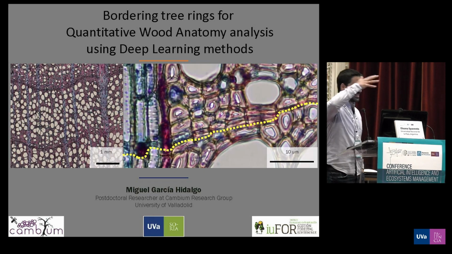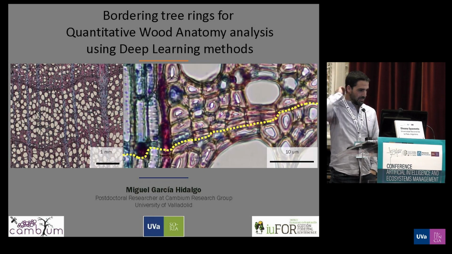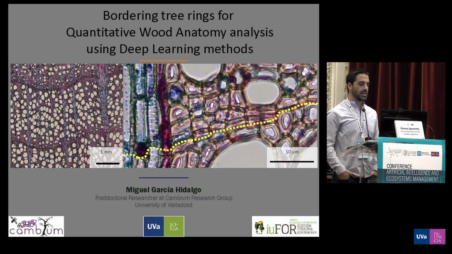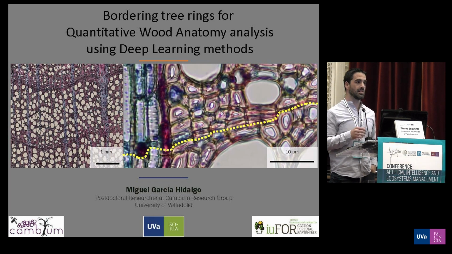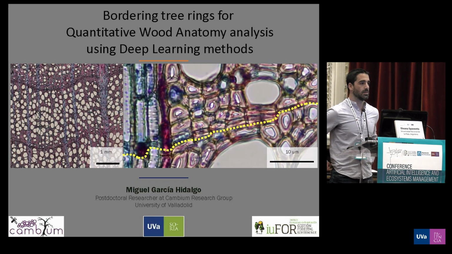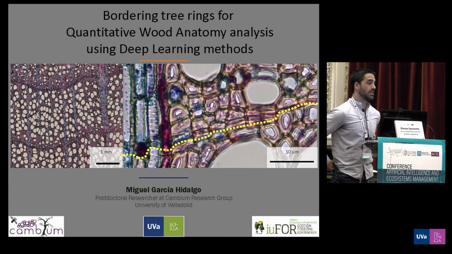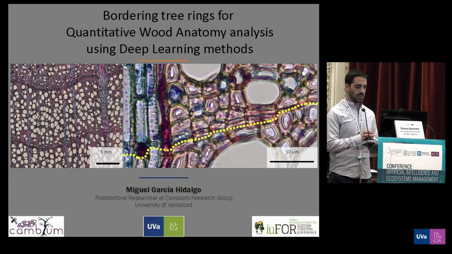I'm working on something similar to Chen, but from another perspective. Chen was using CT images, which are very useful depending on density, wood density, for example. But in our group we are trying to mix two really good perspectives to know how trees and forests evolve.